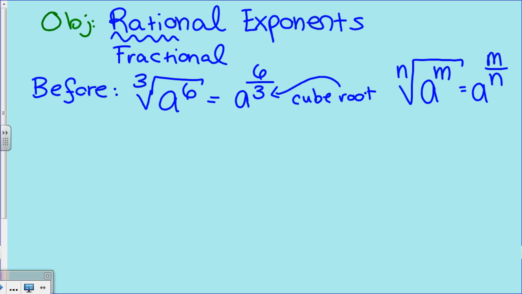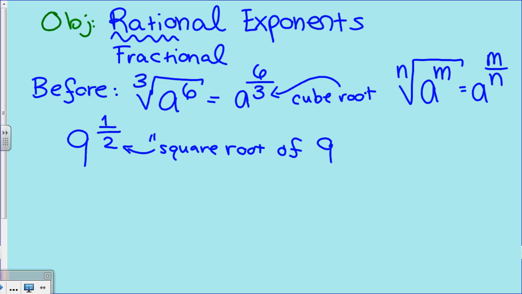And a lot of times when I read those fractional exponents, let me put an example up here. I don't read it to myself as 9 to the 1/2. I say to myself, this is the square root of 9.